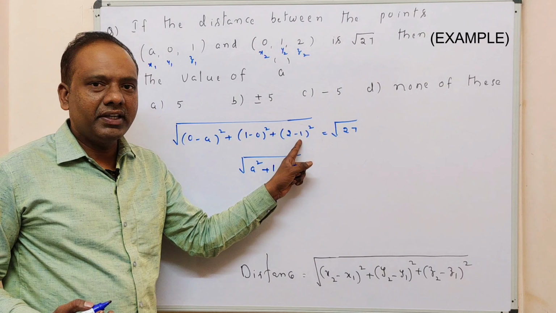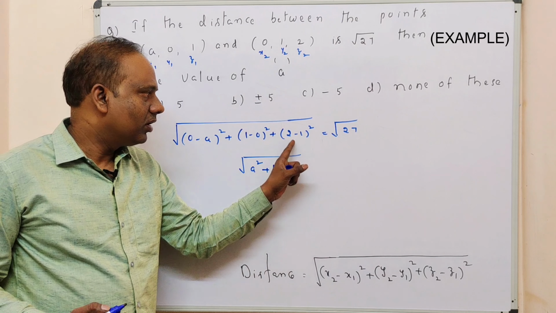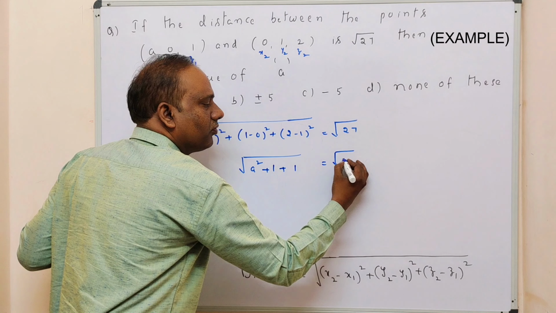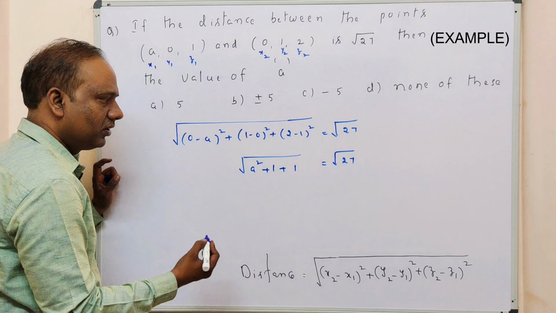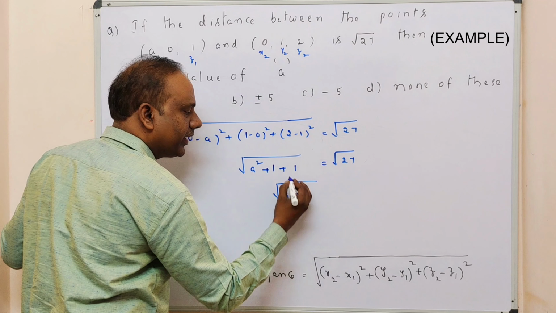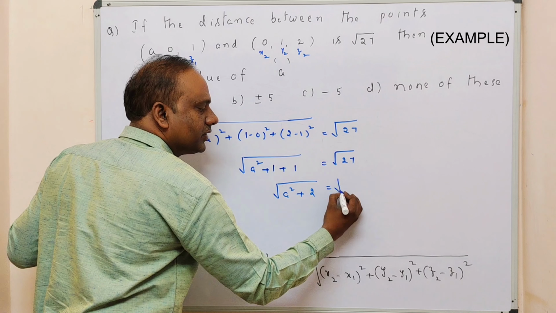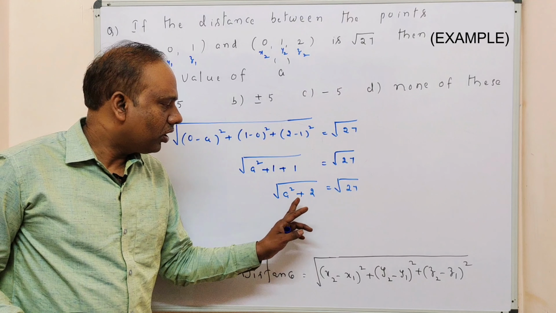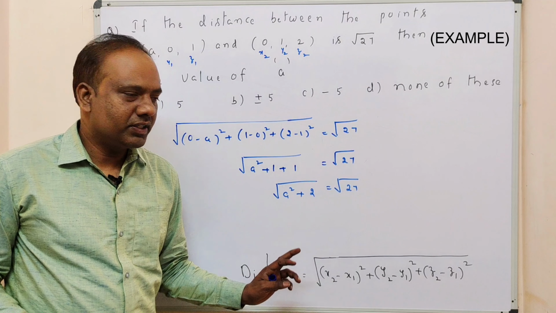Next is 2 minus 1. 2 minus 1 is also 1. 1 whole square is 1, is equal to root of 27. Now here, a square, 1 plus 1 is 2, is equal to root 27. Okay. So root of (a square plus 2) and root of 27.